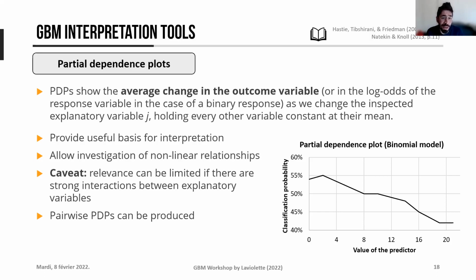It's just that every time I read about this, it says that you've got to be careful when interpreting those if there are strong interactions between your explanatory variables. And as I said, I would guess it's because the way we do it is by fixing every other variable at their means, but it's kind of a crude and imperfect way of marginalizing the effect of the other variables on your outcome variable.